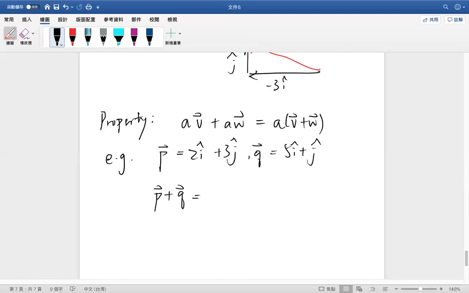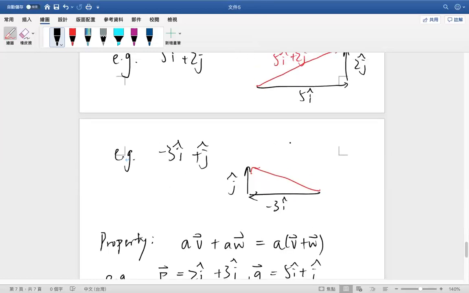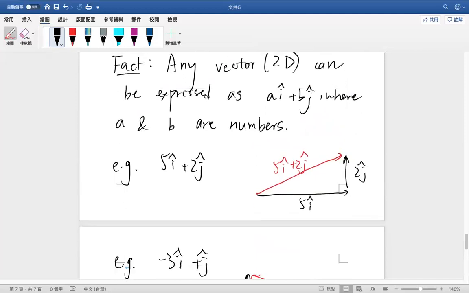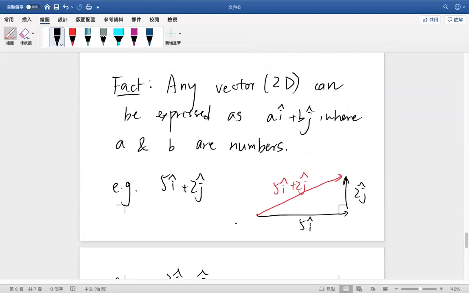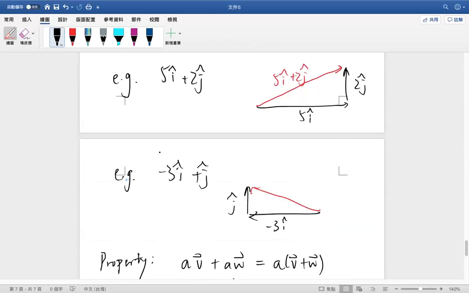So it's like complex numbers. Actually, complex numbers are one example, because you can describe a complex number using two unit vectors, namely 1 and i. That's why all complex numbers can be written as a plus bi. So it's the same.